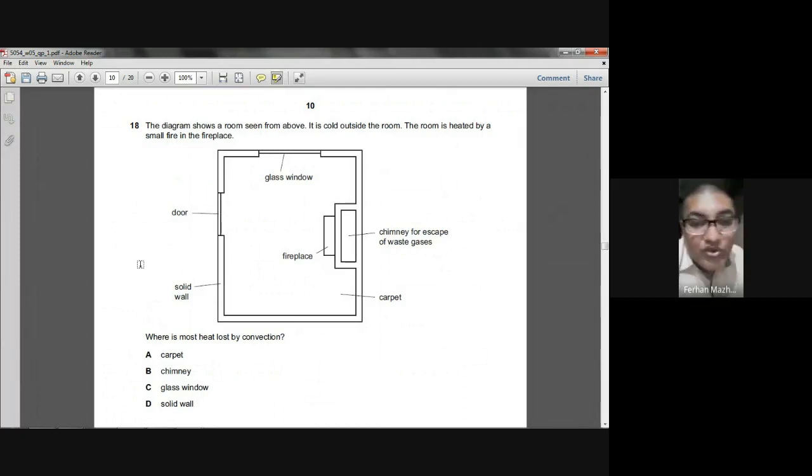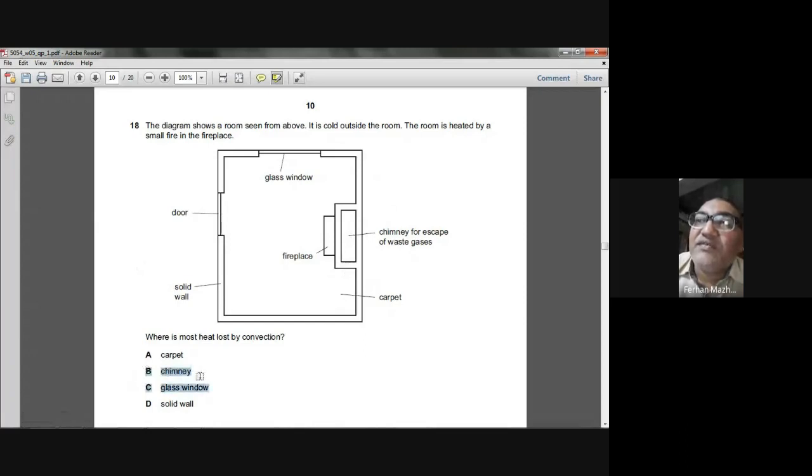Convection only happens when you have a gas or a liquid. You see this chimney for the waste gases, exactly above the fireplace where the fire is burning. So most of the heat will be lost by convection through this chimney.